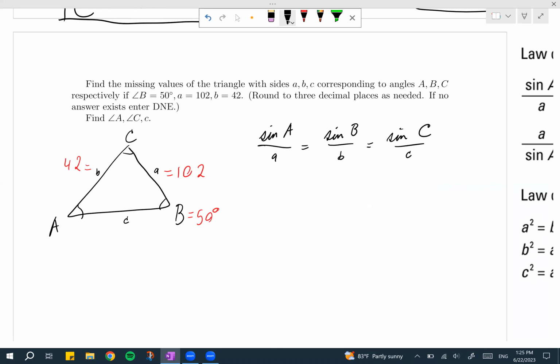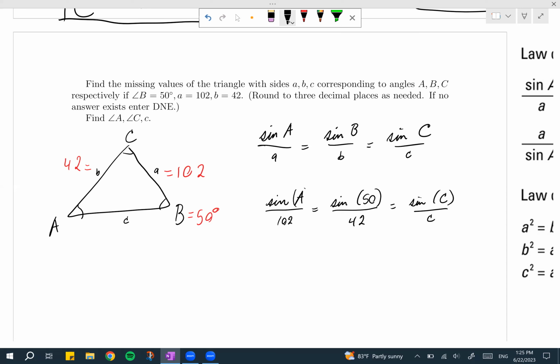I know big B and I know little b and I know little a. So sine of big A over 102 is equal to sine of big B, which is 50, over little b, which is 42, is equal to sine of big C over little c.